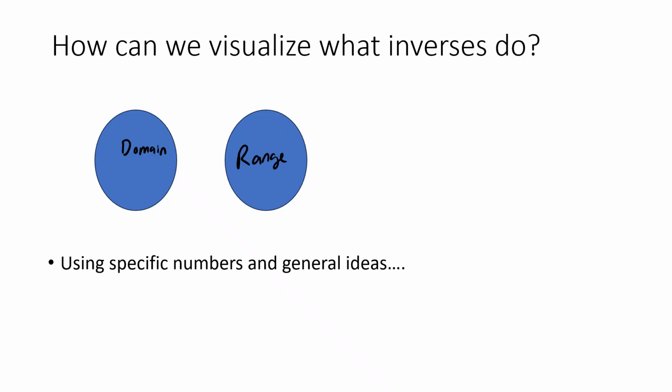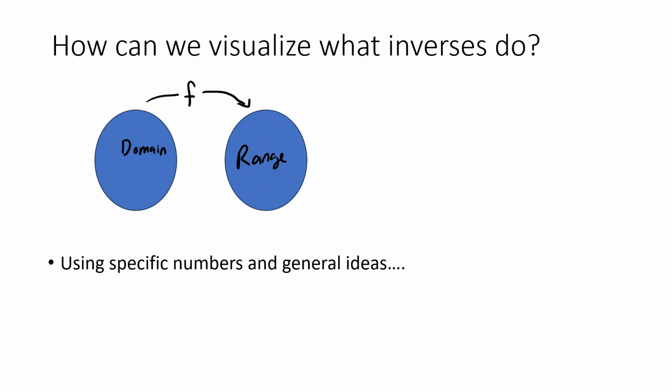If that seems really foreign to you, go back and look at some of my earlier videos where we cover what functions are. They are like a mapping from one set of numbers onto another set of numbers. What a function does is pull an element from the domain and map it to an element in the range.